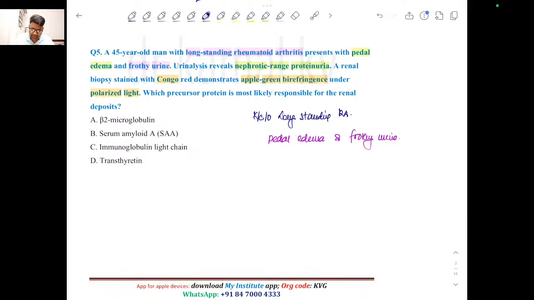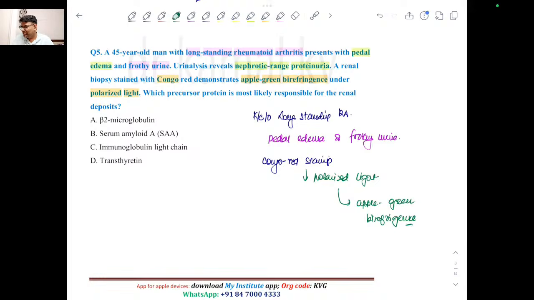But the important thing is Congo red staining under polarized light, which shows apple green birefringence. Yes, I think everyone can answer this. This is a classical description for amyloidosis. Clear? So this is a classical description for amyloidosis.